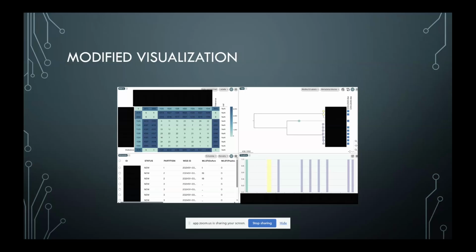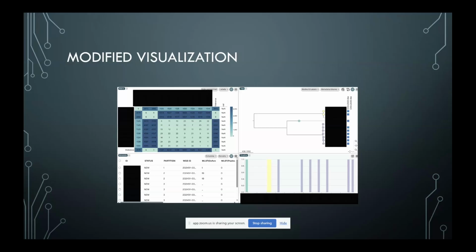Then I have a metadata, and you can see that I've reorganized it by feeding it status and partition data. I include our WGS IDs here. The tree you can see now is colored by partition rather than by status. I think that's more useful for a quick glance.